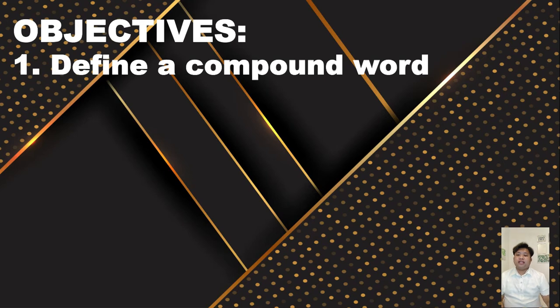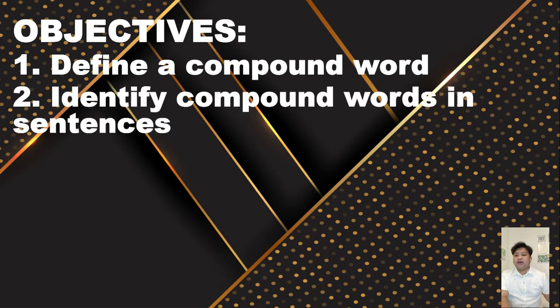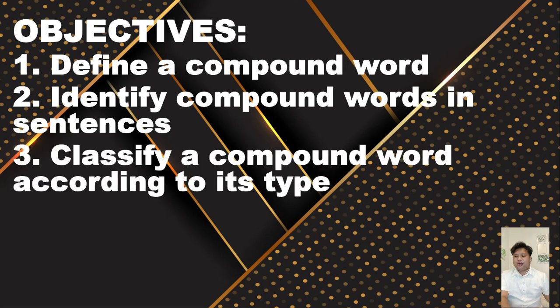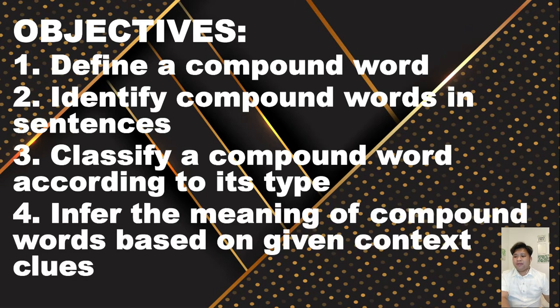First, define a compound word. Second, identify compound words in sentences. Third, classify a compound word according to its type. And fourth, infer the meaning of compound words based on given context clues.